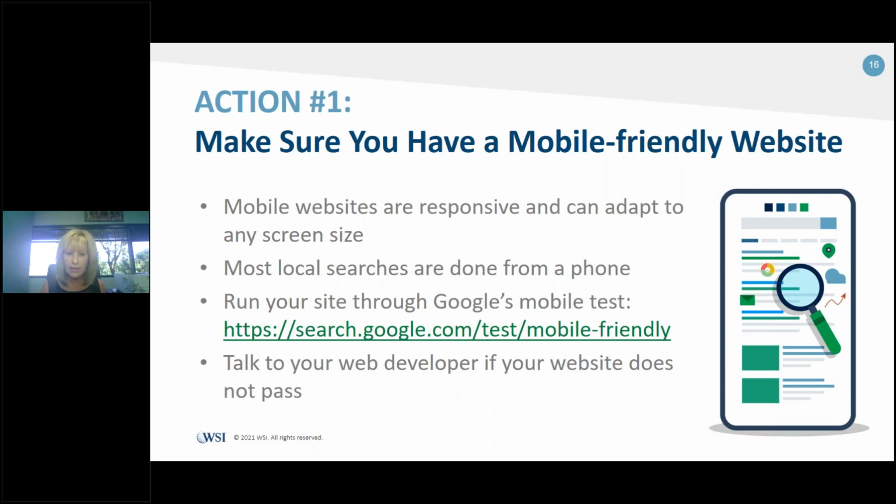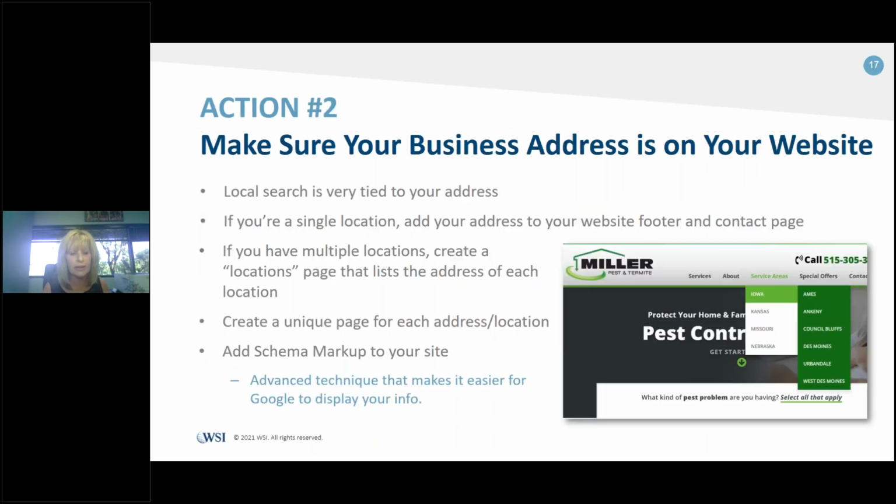That's why it's called responsive, and it adjusts to the size of the screen, whether it's a phone, an iPad, a laptop, a full screen monitor. So if you don't pass that test, my tip is to talk to your web developer, because to really implement a local strategy, you have to make sure that your website's mobile friendly. So that's action number one.